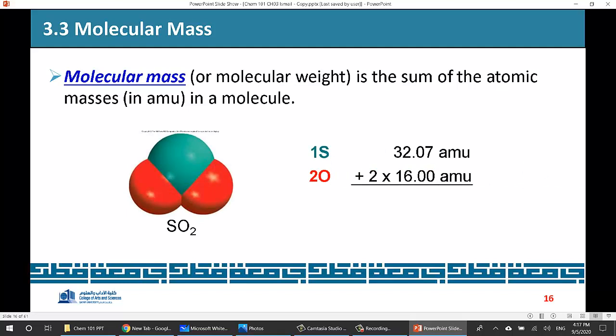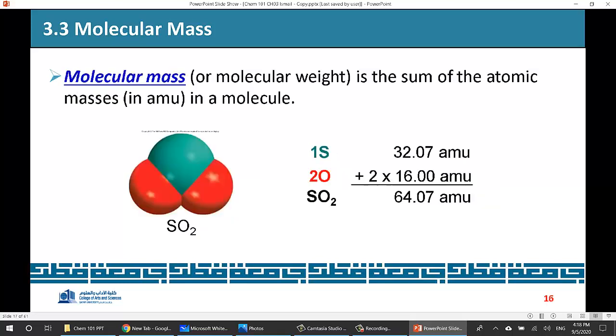So let's say for a molecule like SO2, sulfur dioxide, you have 1 atom of sulfur. Its mass is 32.07 AMU, and you have 2 atoms of oxygen, each one is 16. So you multiply 2 by 16, and then you add that to the sulfur, and that will give you 64.07 AMU. In other words, you have 64.07 gram per mole.